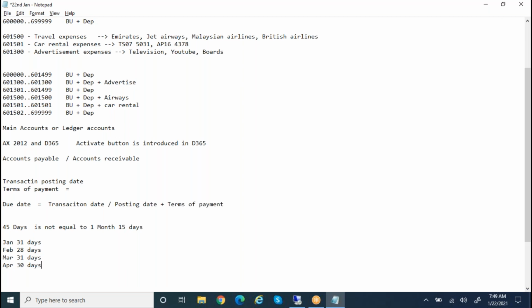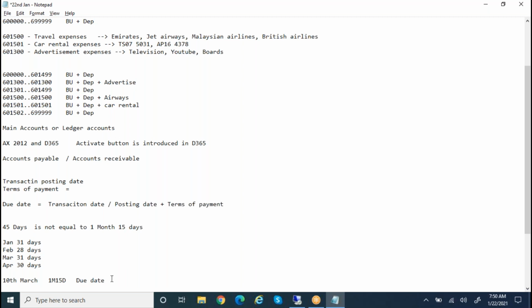Suppose the invoice is generated on 15th March. Then this is the transaction date, and 1 month 15 days is the terms of payment. Then due date equals, I will take it like 10th March.